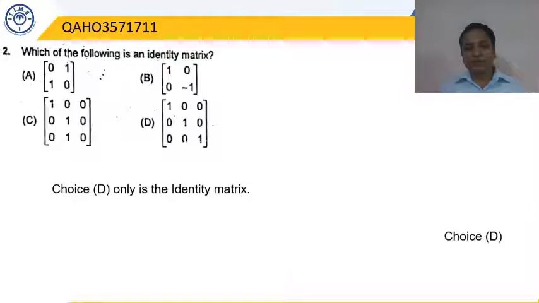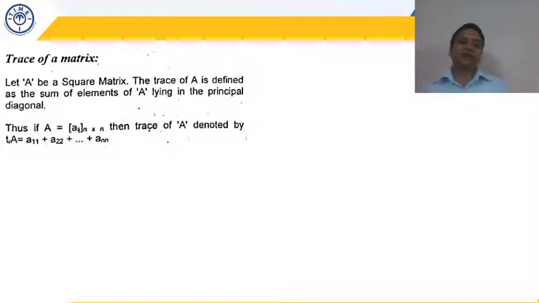These are straight definition based questions. Same handout 1711. Moving further, then it says trace of a matrix. What is trace of a matrix? Let A be a square matrix. The trace of A is defined as the sum of the elements of A lying in the principal diagonal. Principal diagonal, that is main diagonal.